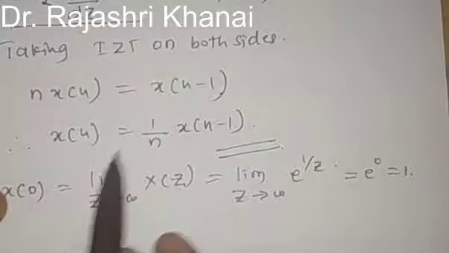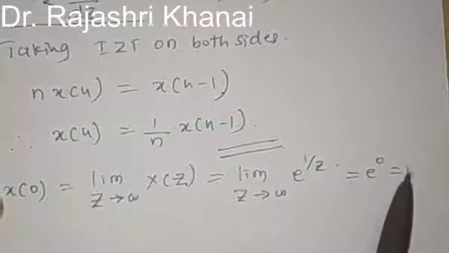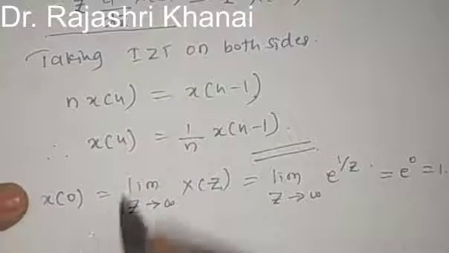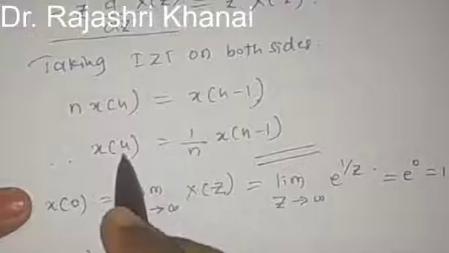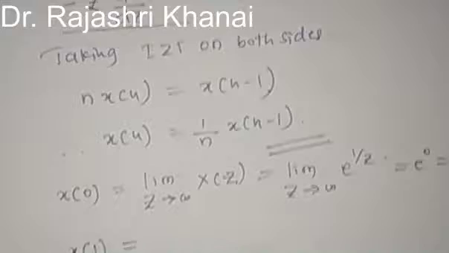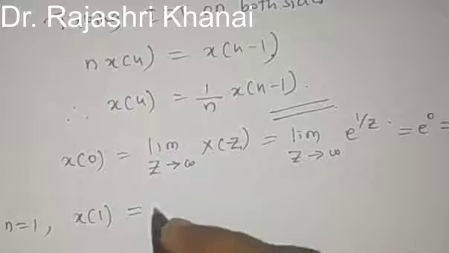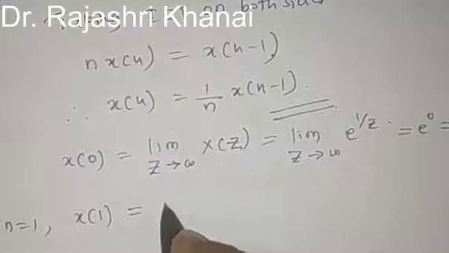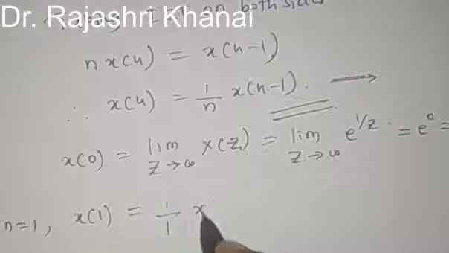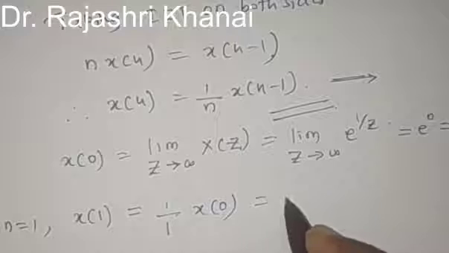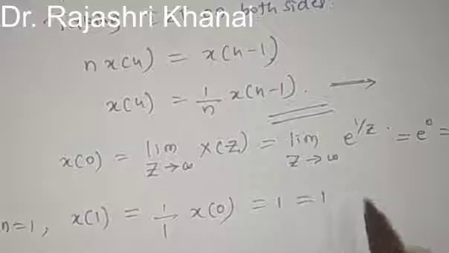So what does it mean here? At n equal to 0, the initial value of the sequence I have calculated as 1. Similarly, for n equal to 1, x of 1 is nothing but 1 upon 1 from this equation, into x of 0, which is 1, and hence the answer is again 1.